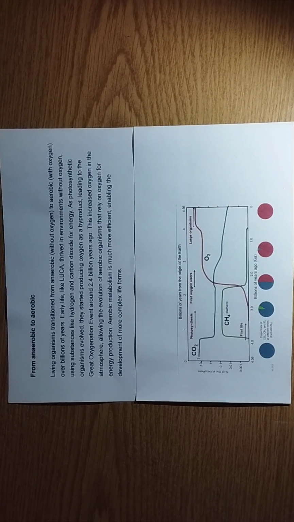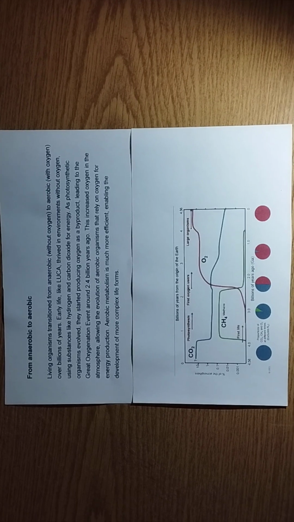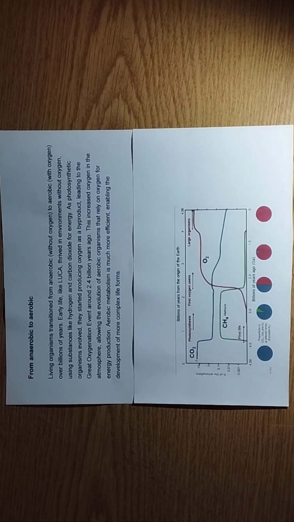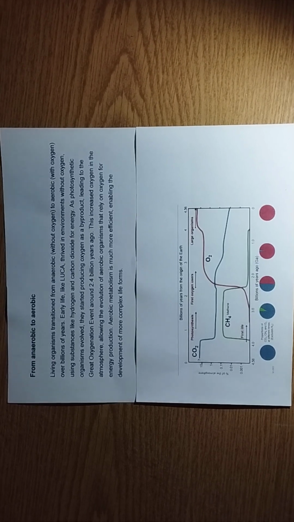Now I'm gonna talk about the transformation from anaerobic to aerobic. Living organisms transitioned from anaerobic, without oxygen, to aerobic, with oxygen. Over billions of years, early life, like LUCA, thrived in environments without oxygen, using substances like hydrogen and carbon dioxide for energy.